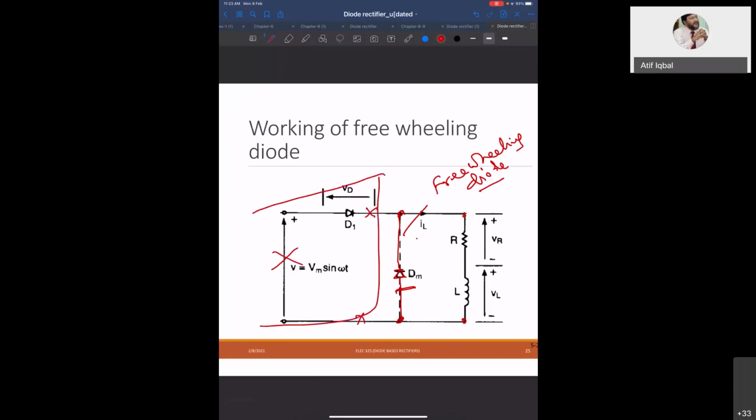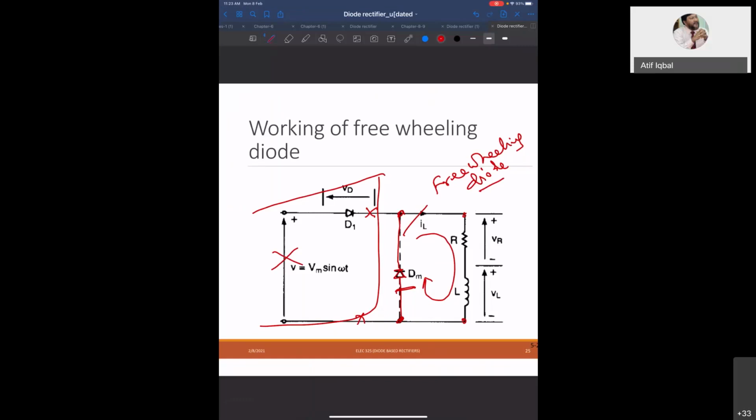It operates like this: it allows the load to discharge through the diode. So it allows the load to discharge its energy. So this is in the mode where there is no source connected. It is only the load and the diode.